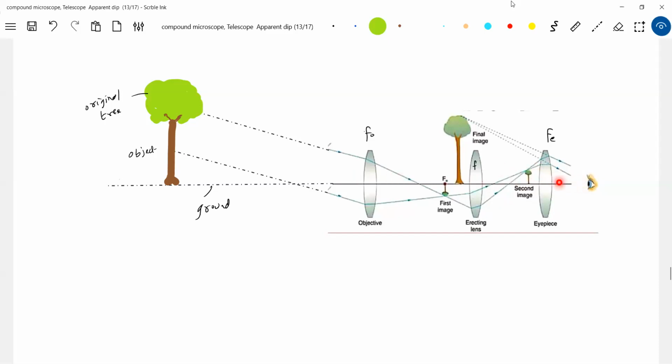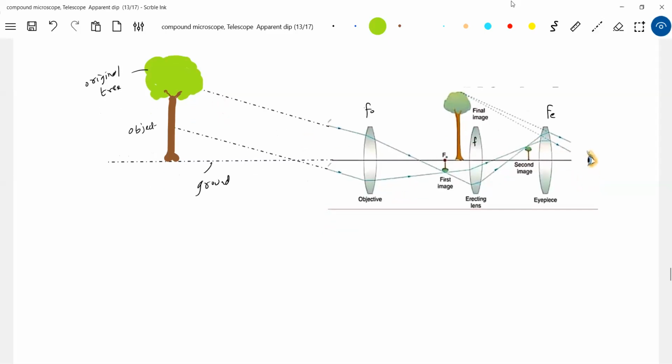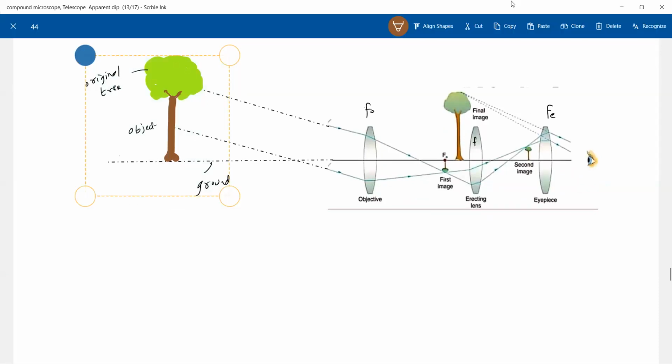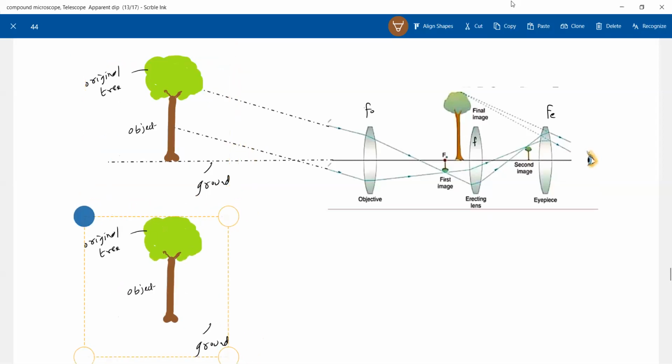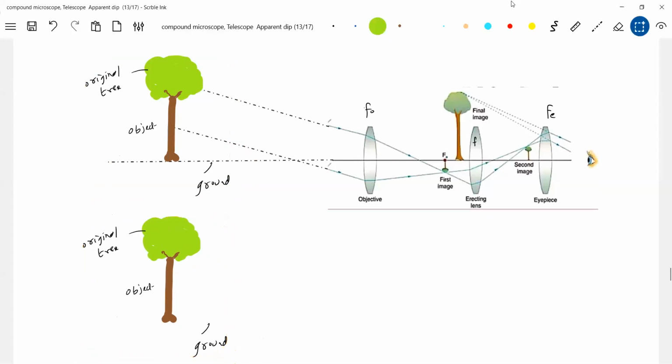The angle subtended by the original tree. You can see this. You draw a triangle. I think I'll bring one small diagram. Clone it. What I was supposed to explain is this one.